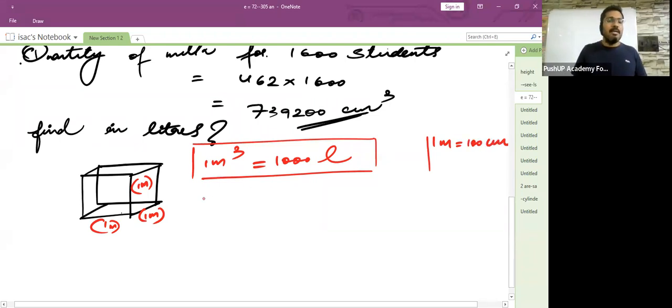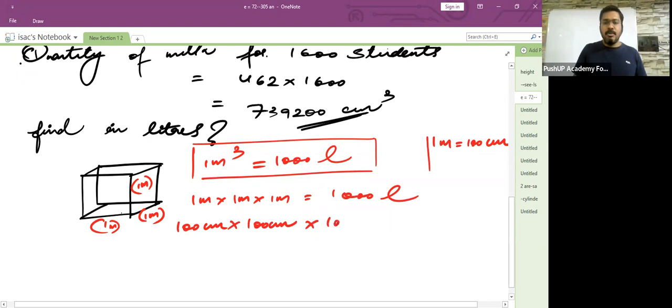So what is 1 meter cube, children? 1 meter cube means 1 meter into 1 meter into 1 meter, and that is equal to 1,000 liters, right? 1 meter is 100 centimeter, so 100 centimeter into 100 centimeter into 100 centimeter is equal to 1,000 liters.